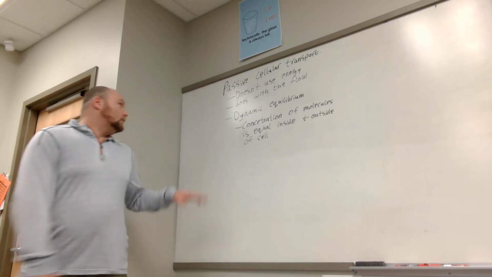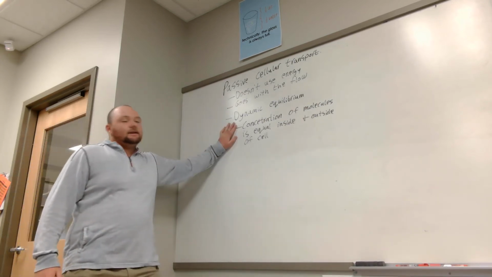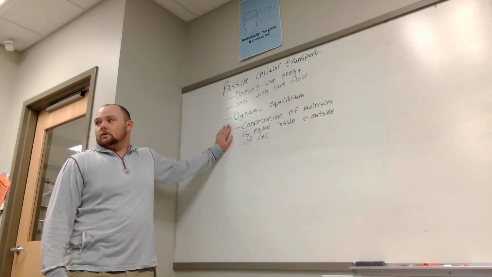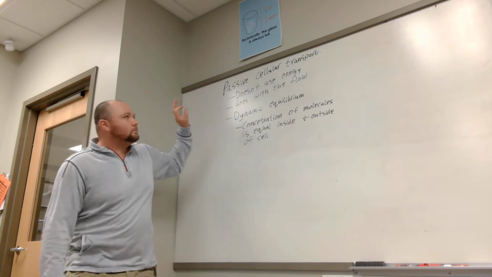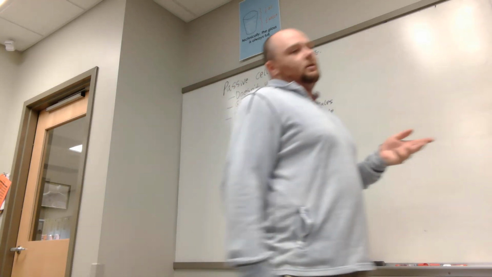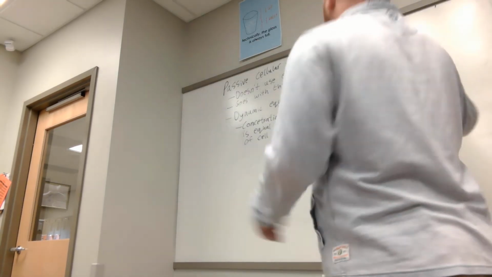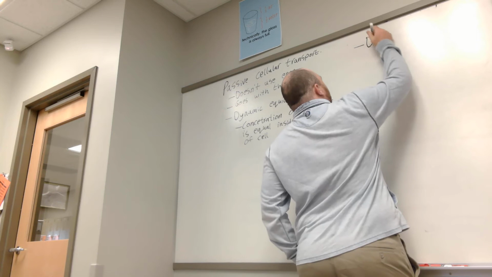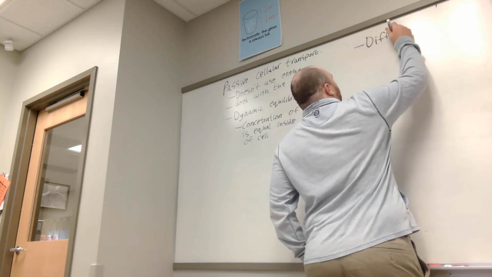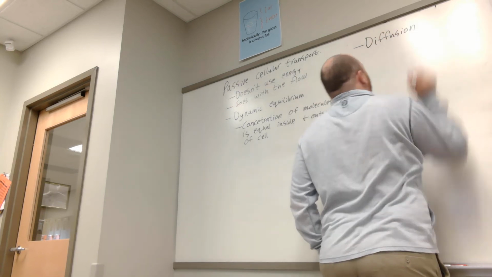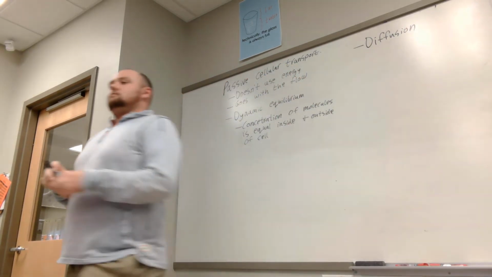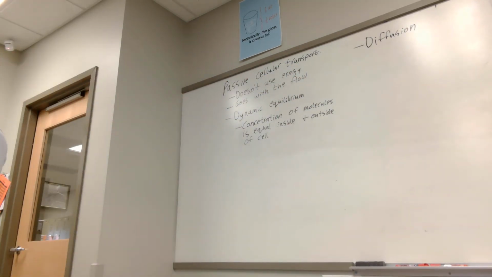So we're always trying to reach this dynamic equilibrium. The ways that we do this through passive transport, there's a couple of them, but the overall thing is diffusion. Diffusion is very simple.